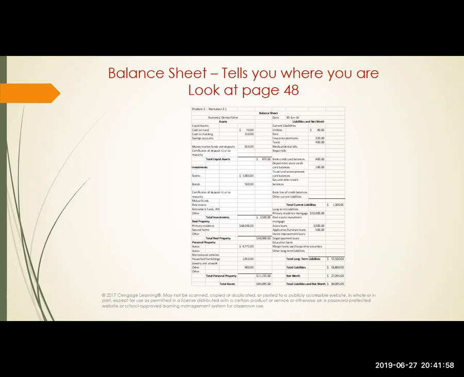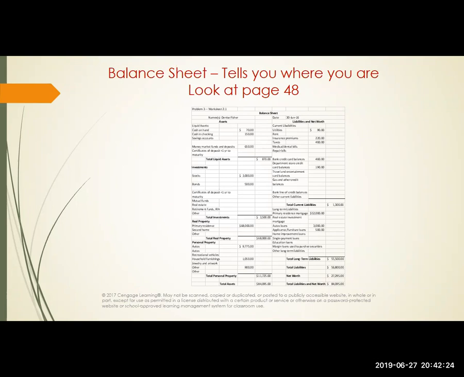Then in the right-hand column, you can see current liabilities, what's due or coming due in the next 12 months: utilities, insurance premium, taxes, etc. And long-term liabilities: they've got a mortgage on their home, an auto loan, and an appliance loan. So their long-term liabilities are $55,500.